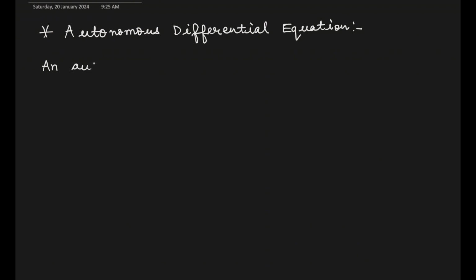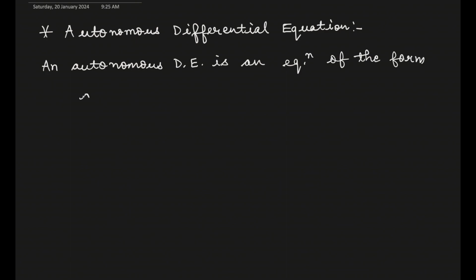An autonomous differential equation is an equation of the form dy upon dx equal to a function of y. It means I will have a differential equation whose right side terms will be a function of y.